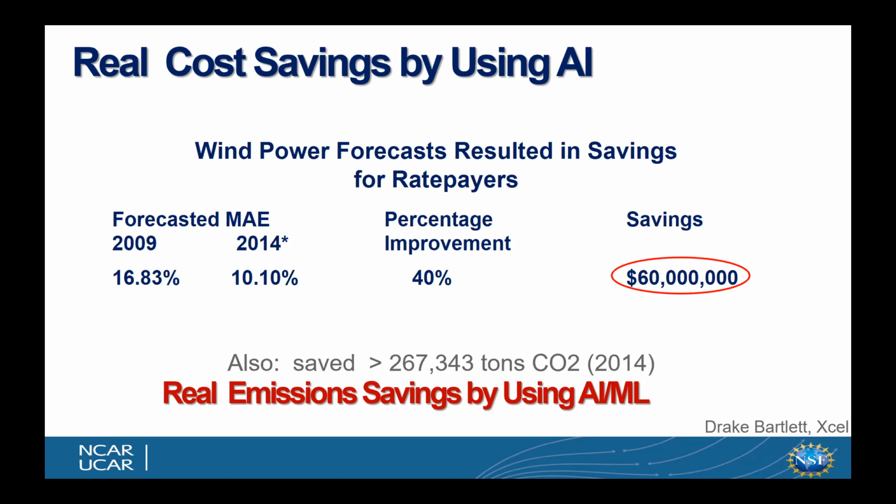And in 2014, that was on the order of 267,000 tons of CO2 saved by having an optimized forecast that predicts better than standard models. So this results in real savings, and real savings of CO2 as well.